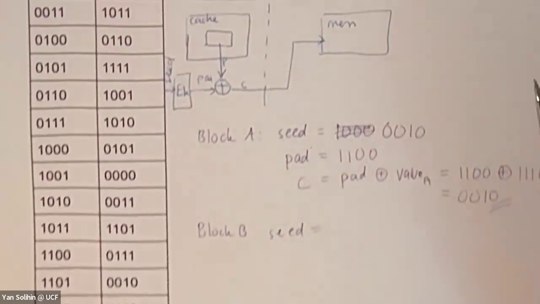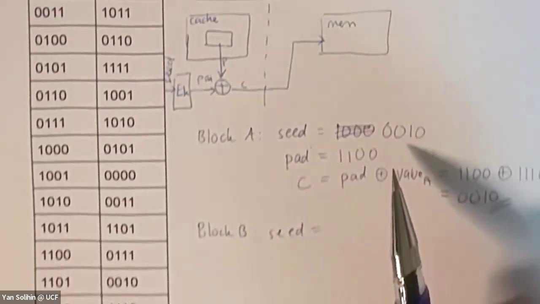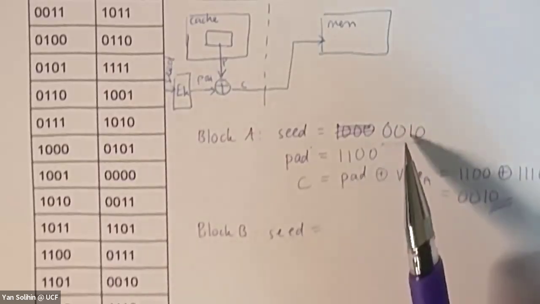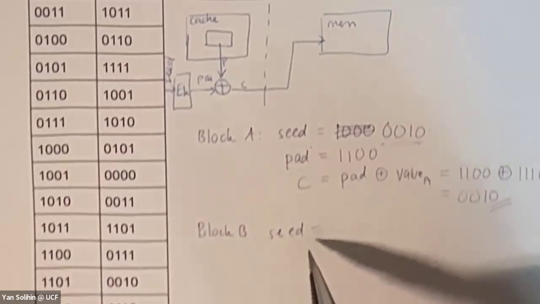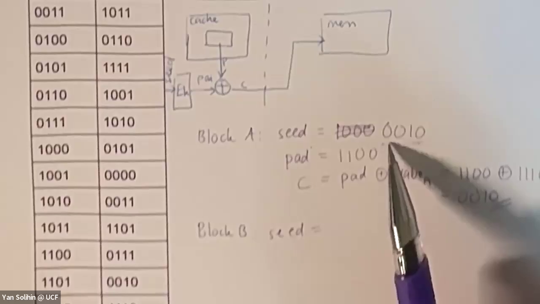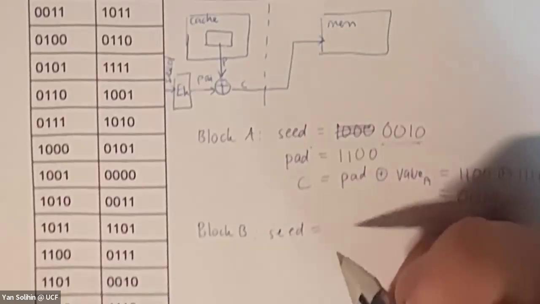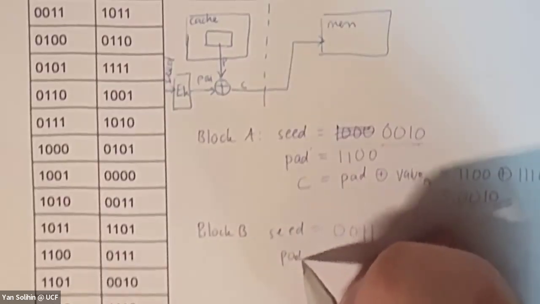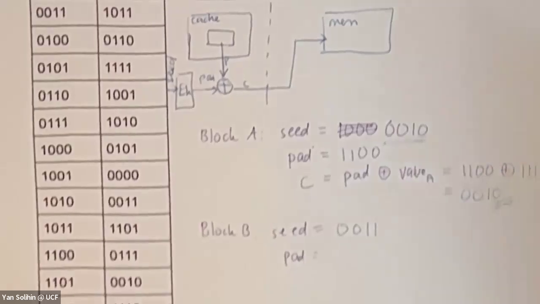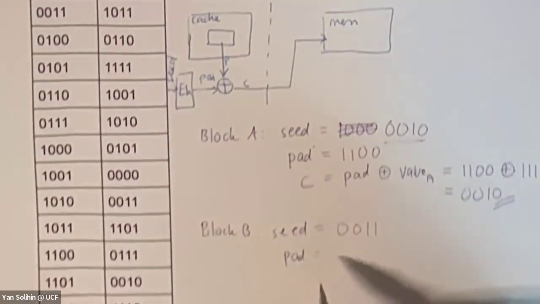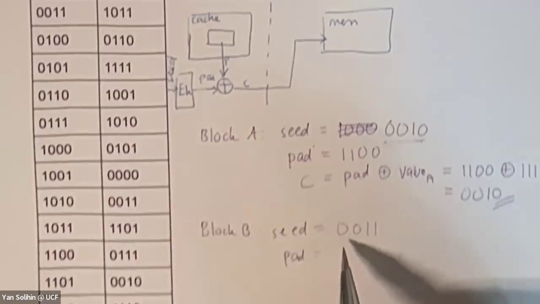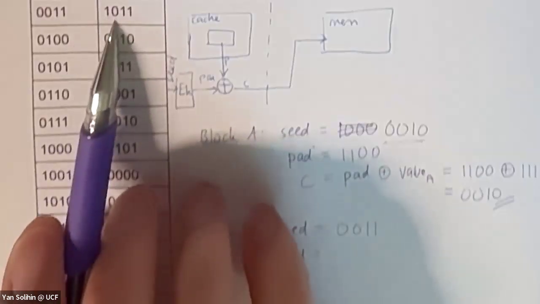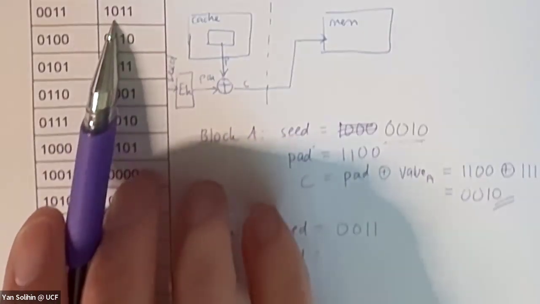The value of the global counter is no longer 0001 because we already incremented it when we used it for the seed of block A. Therefore, the seed is the incremented version of 0010, which is 0011. The pad for block B will be the encrypted version of 0011. Here, the encrypted version is 1011.